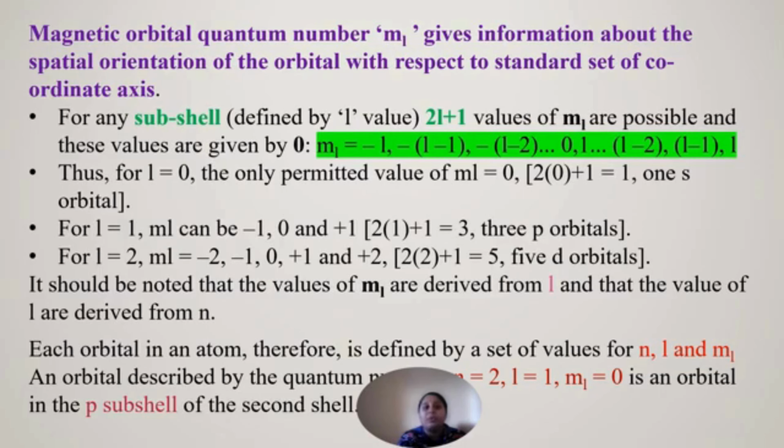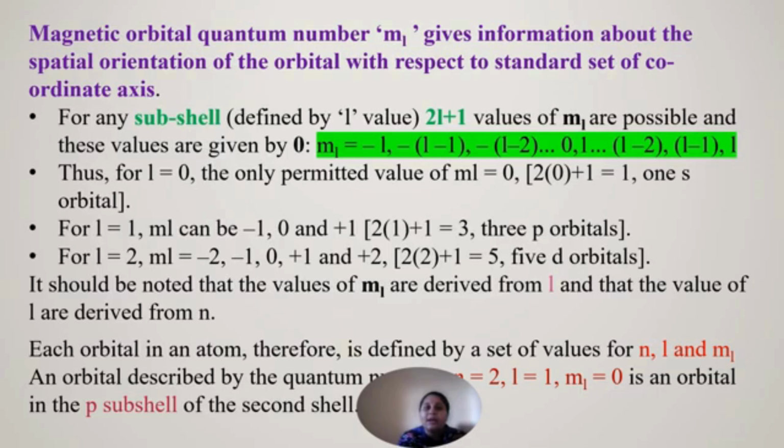So 2 into 1 plus 1, that is 3. So 3 p orbitals. For L equals 2, ml is minus 2, minus 1, 0, plus 1, plus 2. 2 into 2 plus 1, that is 5. You get 5 d orbitals. So these are the numbers of orbitals present in each subshell.